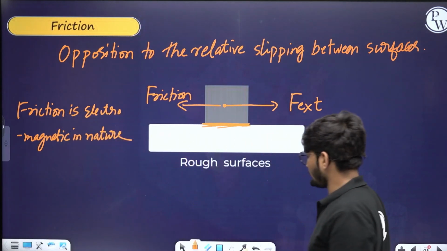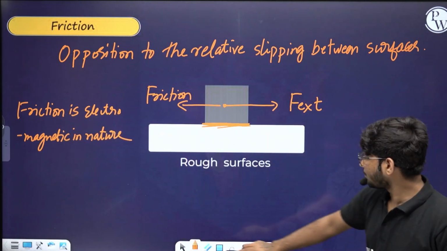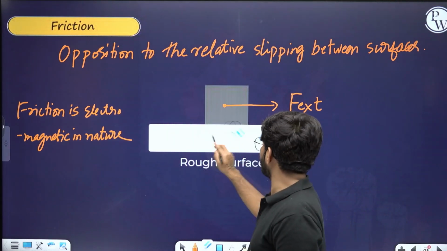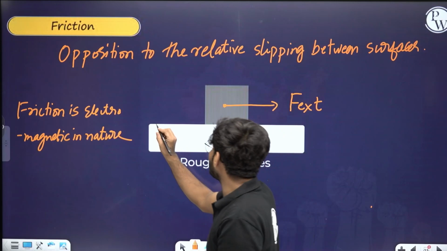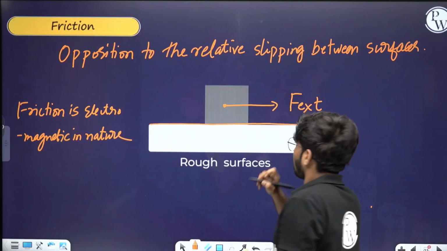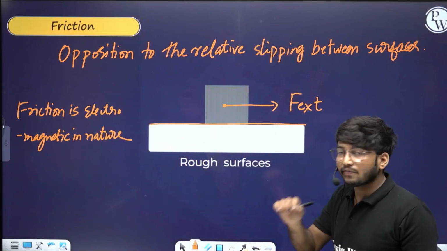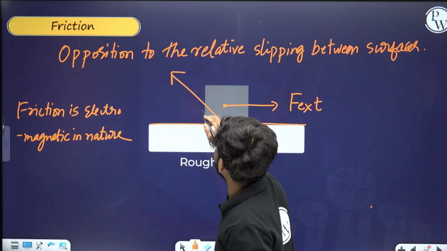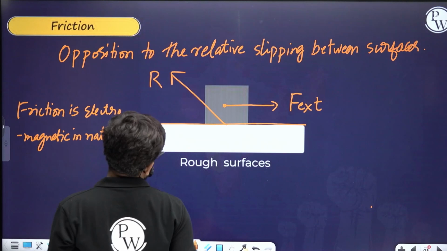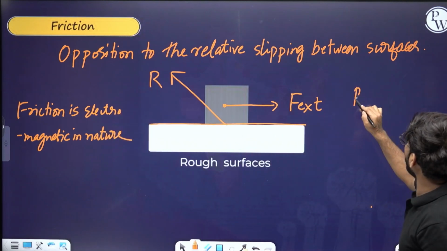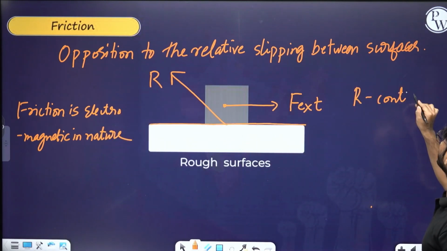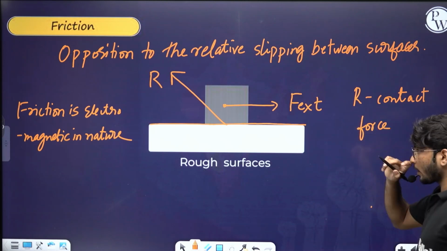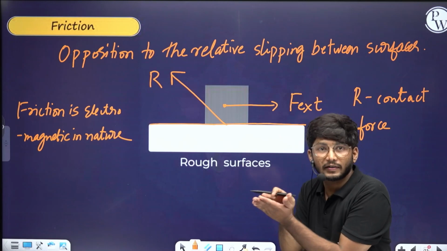Whenever we have two surfaces in contact, because of the contact between the surfaces, there is a contact force. This contact force we call R. So here R is the contact force due to the two surfaces in contact.